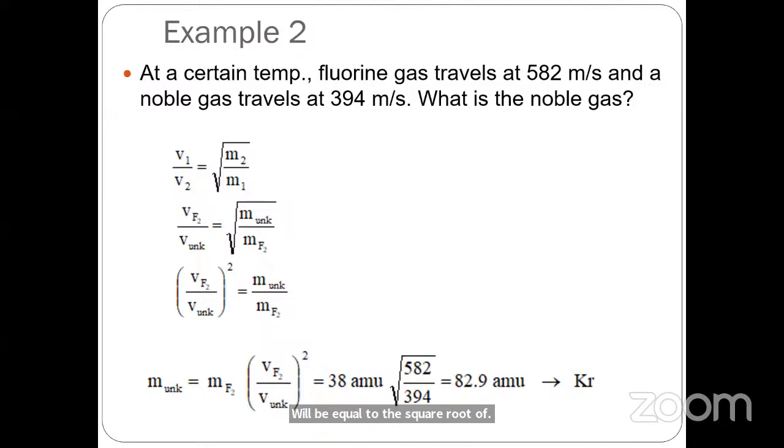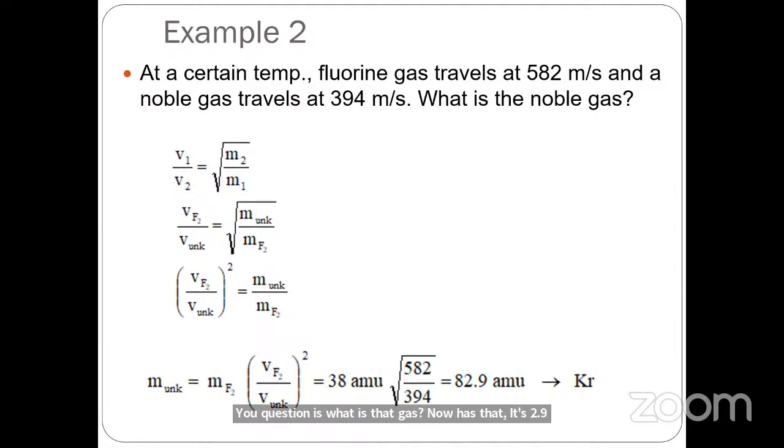the square root of the unknown divided by 38. 38 is the molecular weight of fluorine. So if we use that formula and we press our calculator, we are going to get 82.9. The question says, what is that gas that has that molecular weight 82.9?